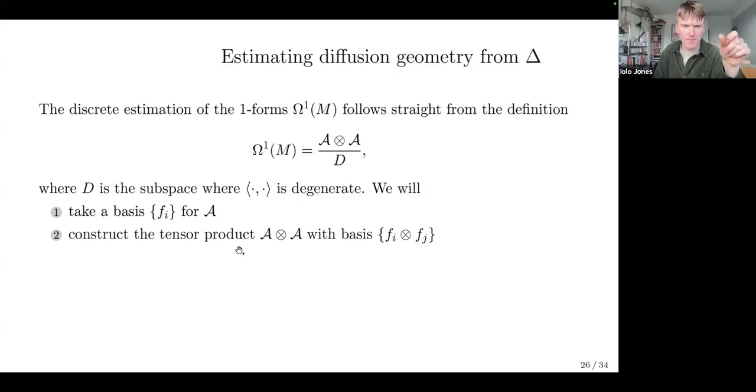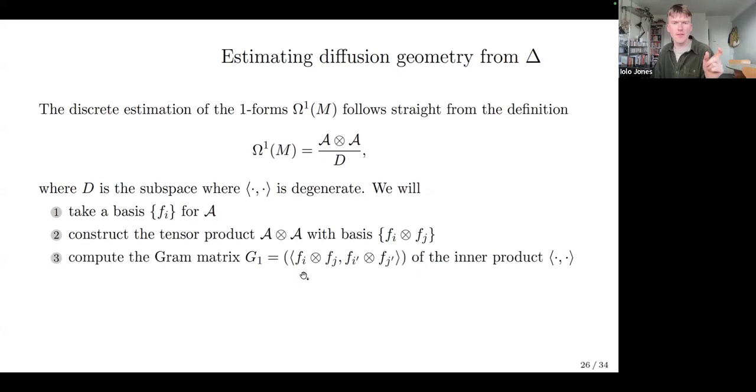You then want to take the tensor product, following the definition. So if you have n things in your function space, you have n squared elements in your tensor product. And then the magic step that brings in the diffusion and makes all of this work is computing the inner products of things.